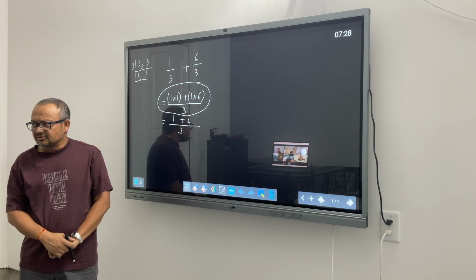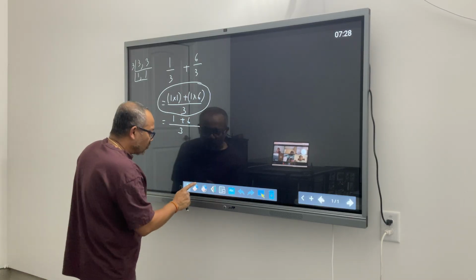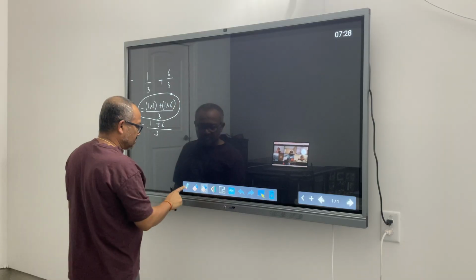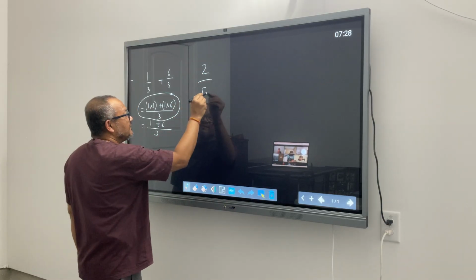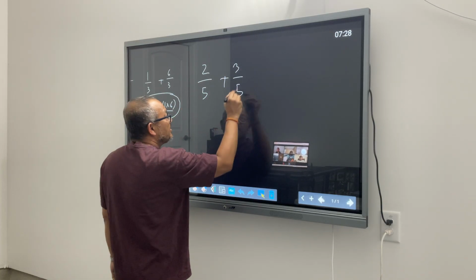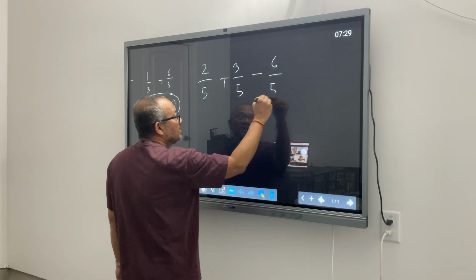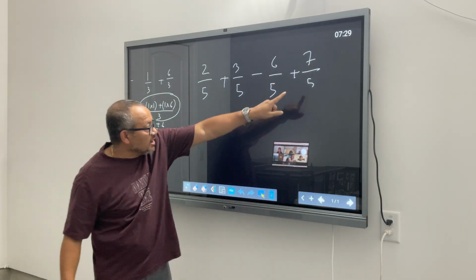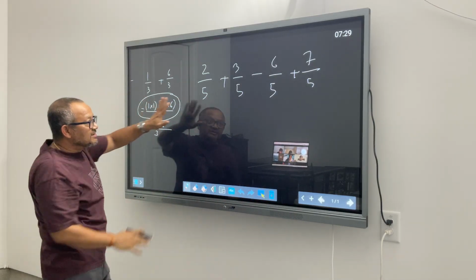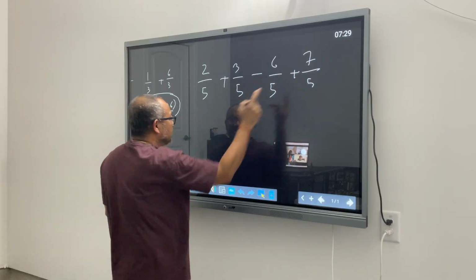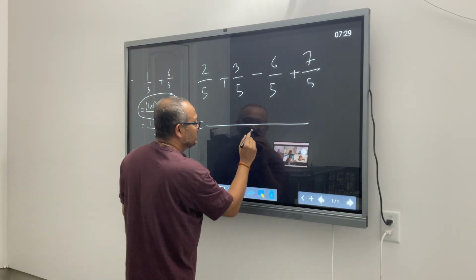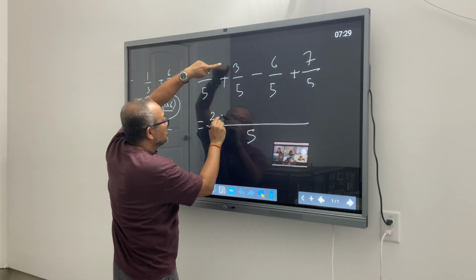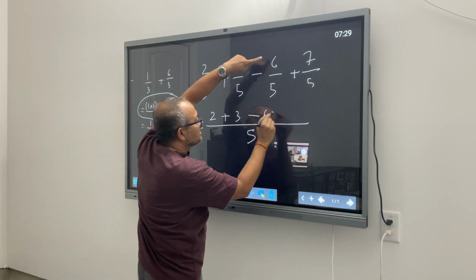Is it looking okay? Now, what this means is, if I have 2 by 5 plus 3 by 5 minus 6 by 5 plus 7 by 5, I have all the same denominators. I don't have to do all the LCM thing now. I will just put the same denominator and write these numbers: 2 plus 3 minus 6 plus 7.